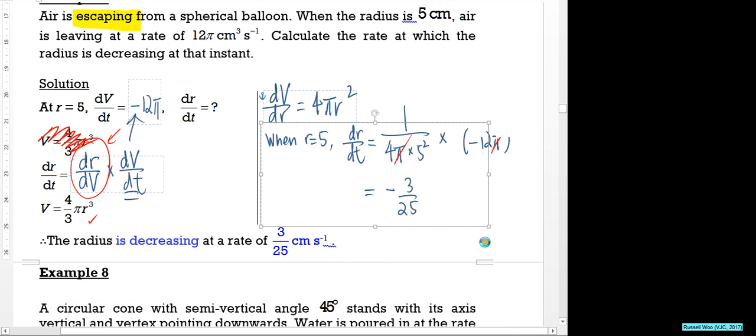Because you found negative and you say it's decreasing, you don't put negative here again. Follow? Okay, I'm going through a bit fast, but I think it's quite easy. So let's press on.